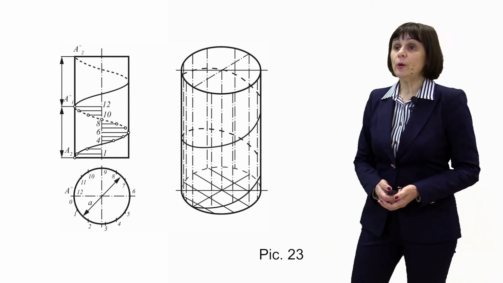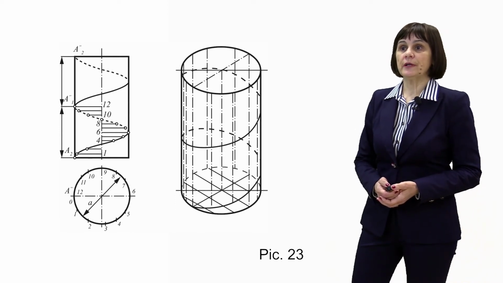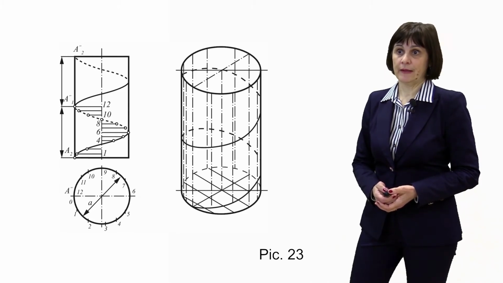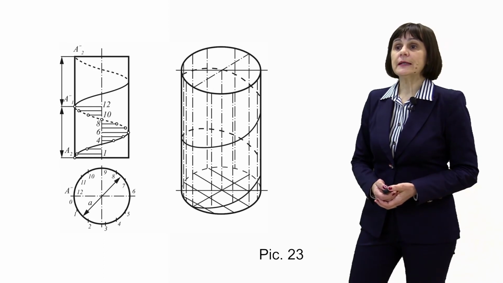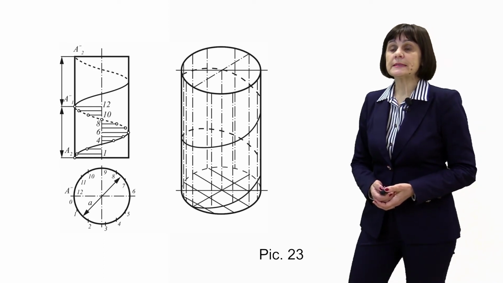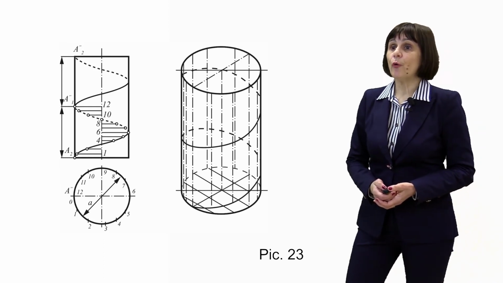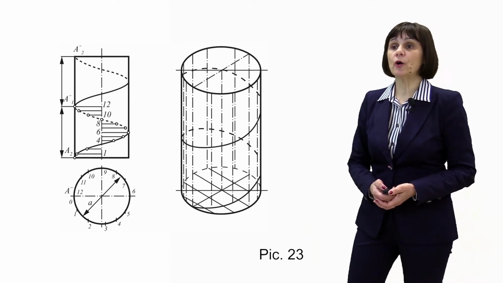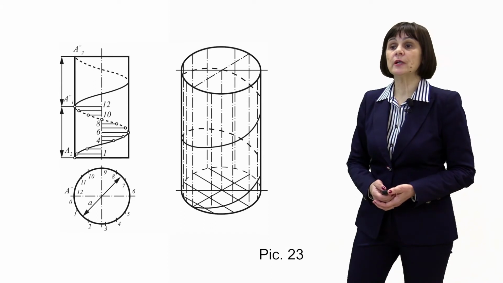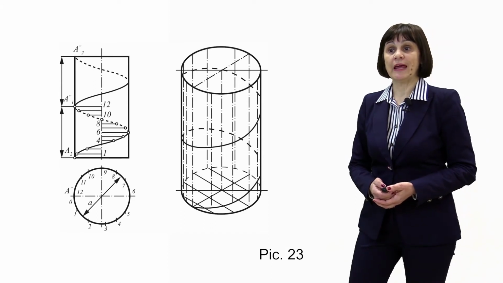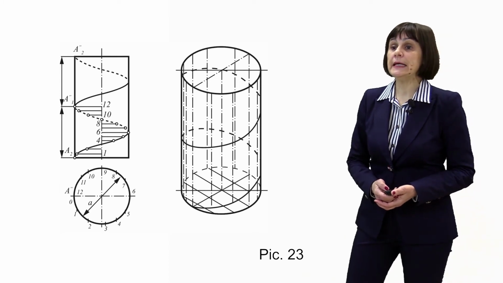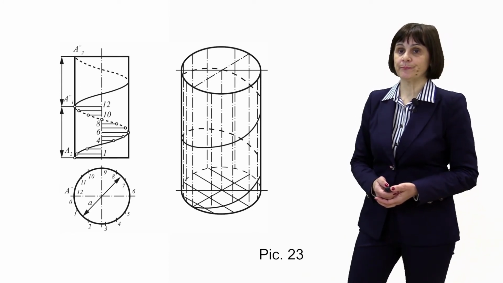The most common spatial curve in engineering practice is a cylindrical helical line. A cylindrical helical line represents the direction of movement of a point that performs a constant translational motion along the axis of a constantly rotating cylinder.